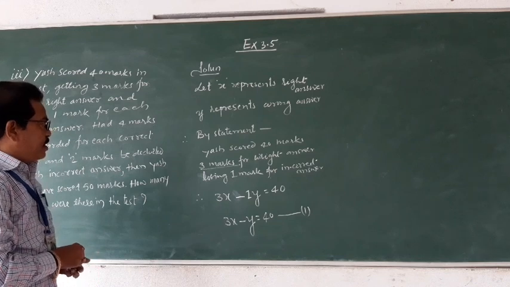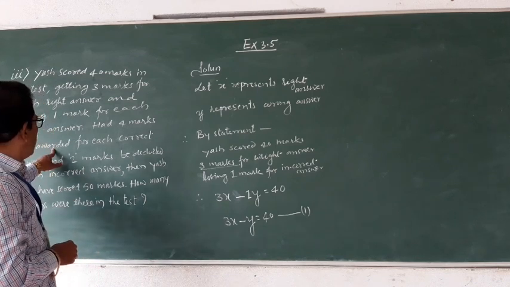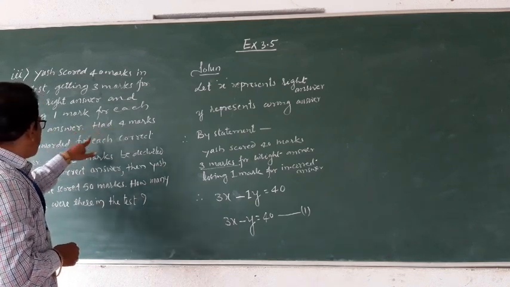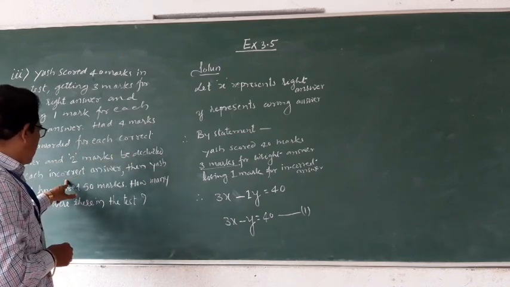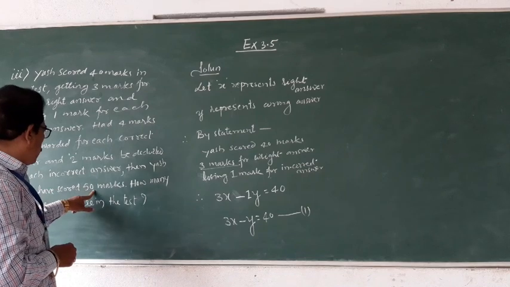Next statement, by statement 2: had 4 marks been awarded for each correct answer and 2 marks been deducted for each incorrect answer, then Yash should have scored 50 marks.